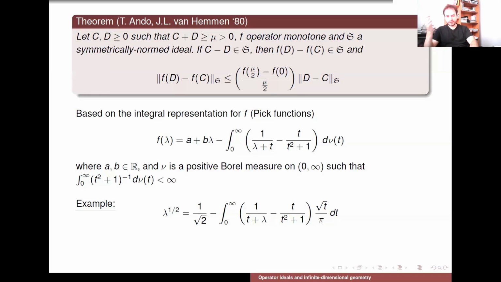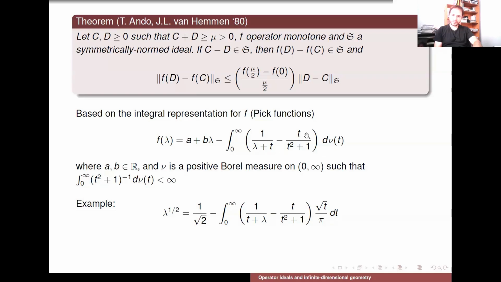So they admit this kind of integral representation theorem. Here nu is a positive Borel measure satisfying this condition. So using this representation, they were able to prove this more general result. For instance, here is the formula for the square root, and the measure mu is given as follows here.